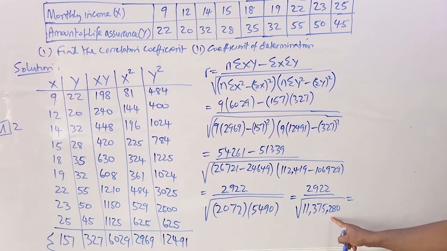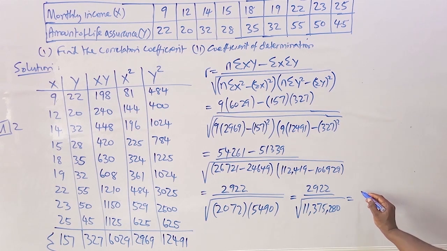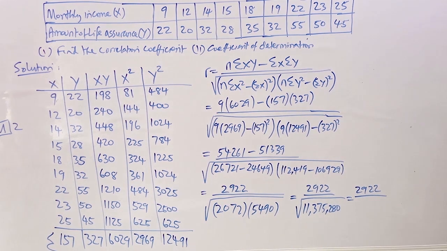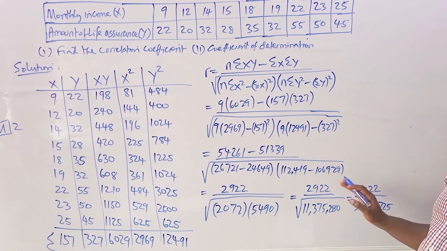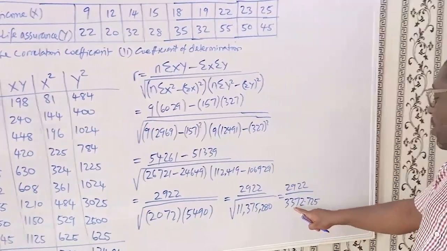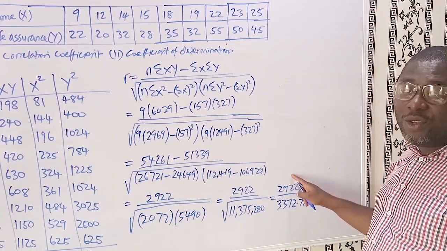We have to find this value first. To find this value, that will further give us 2922 divided by the square root of 11 million, which will give us 3,372.725 thereabout. Now take note that when you are solving correlation coefficient, your denominator must be greater than your numerator.